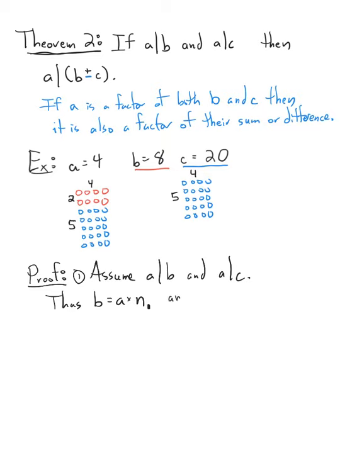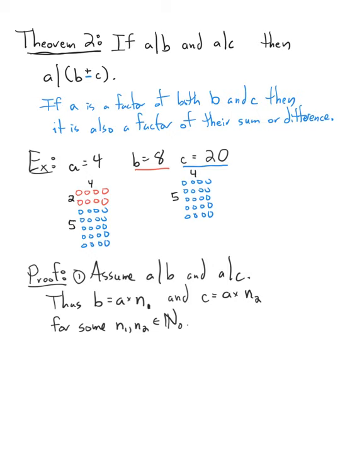And C is going to be A times N2. And I introduced N1 and N2. I better tell you what they are. For some N1 and N2 that are whole numbers.